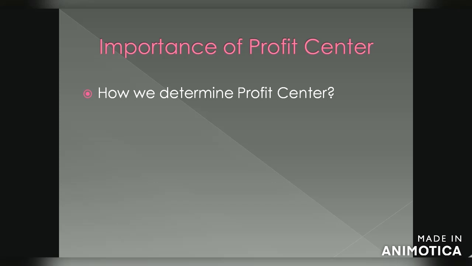Take an example: if we are manufacturing goods in one of the plants, and we want to know plant-wise how much revenue we are gaining from this plant, and how much revenue or loss we are getting from the other plant, each and every plant can be created as a profit center.